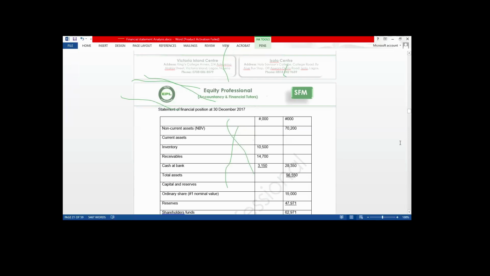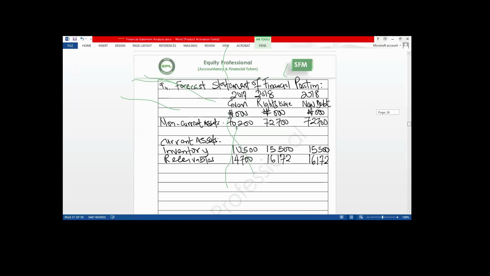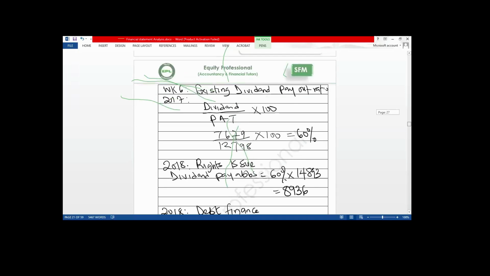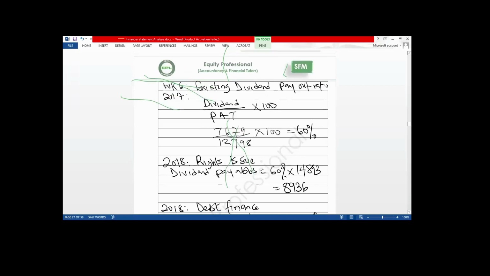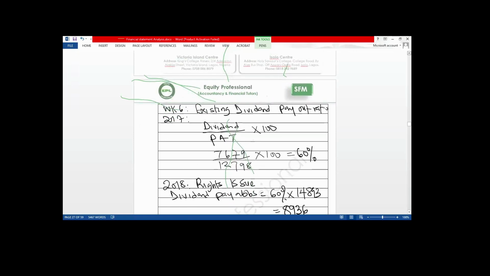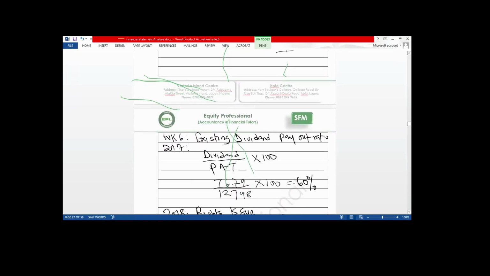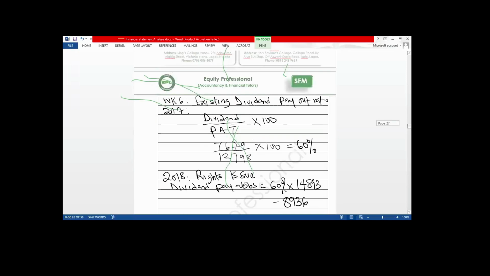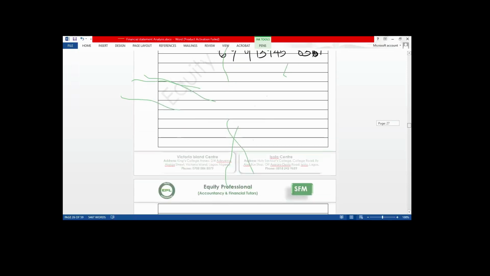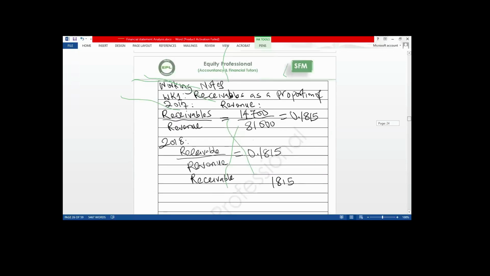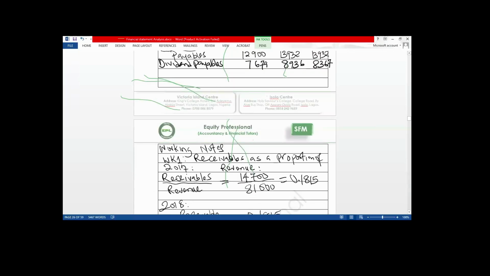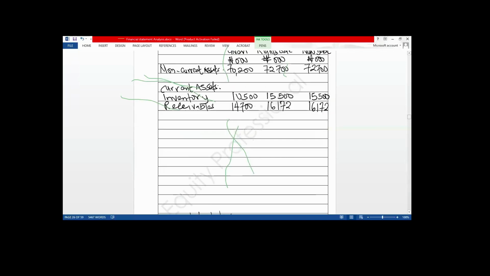I'm going to follow the format given by the examiner here.